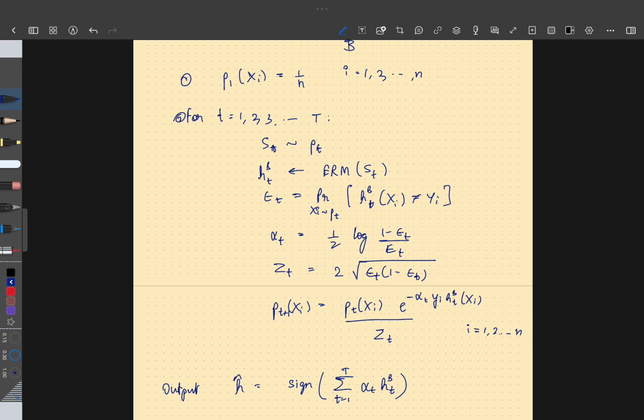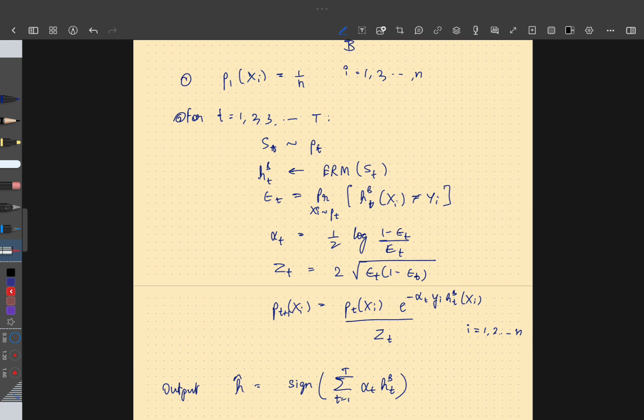One thing to keep in mind is that alpha t doesn't depend on the sample. Each of them are different samples, but epsilon t is the average probability of error over the entire sample data set.